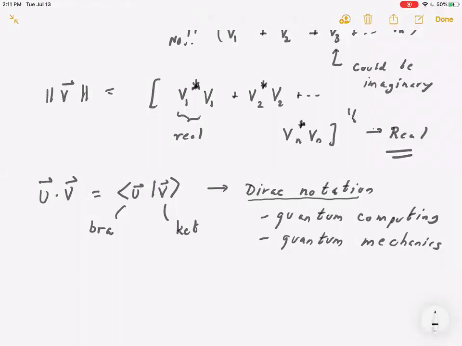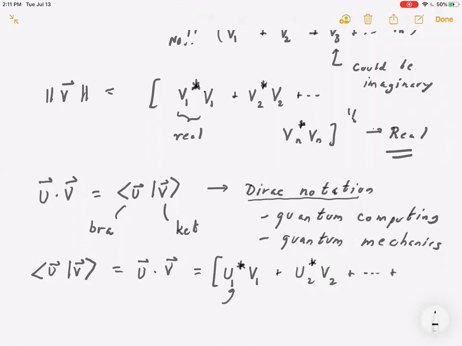So what is this thing? The inner product of u with v, where both these vectors are complex, is the dot product of u with v, and we know how to evaluate that. To ensure that this thing is real, we take the complex conjugate of u sub 1, multiply it by v sub 1, and do that for each one of the components of these two vectors, u and v.